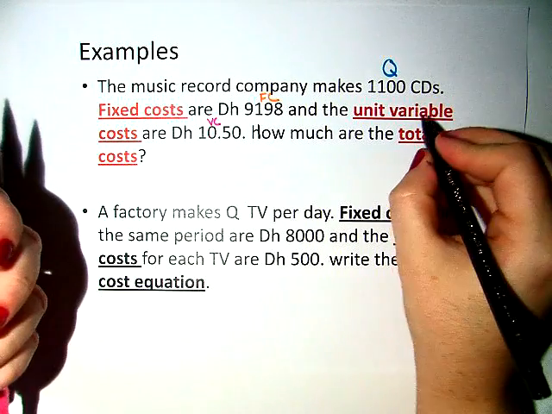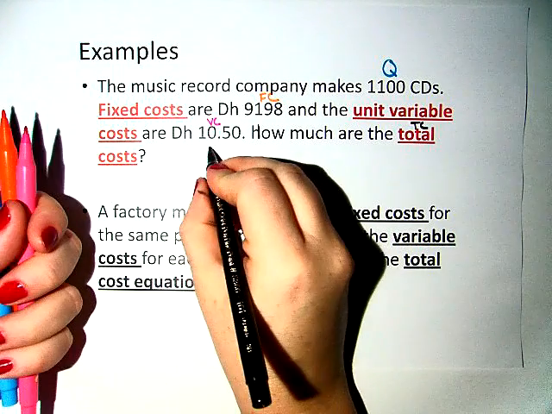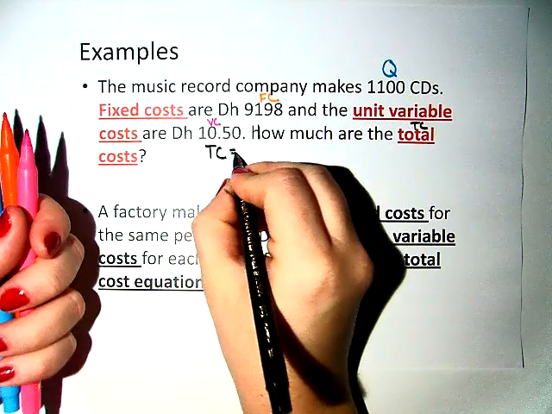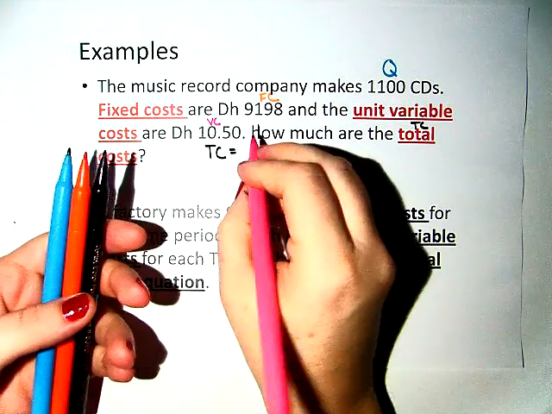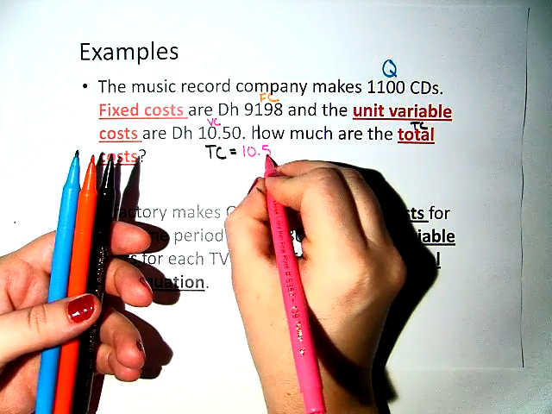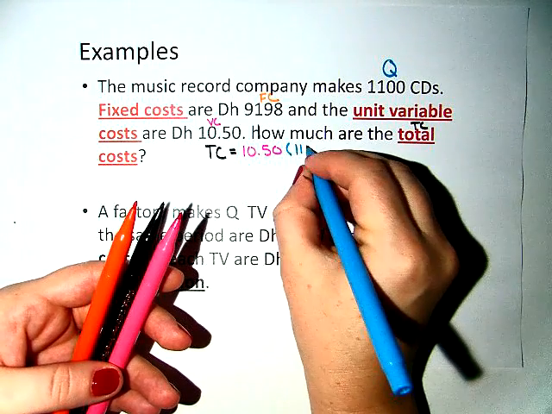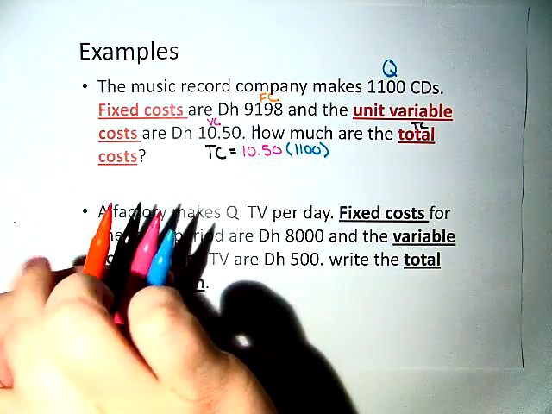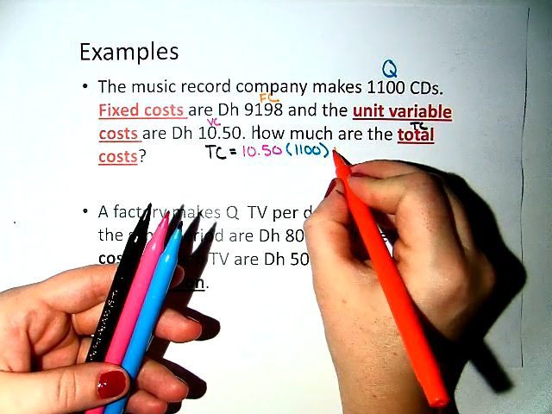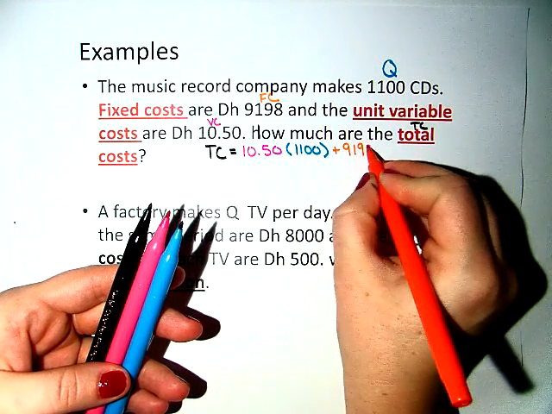So we're going to actually write this out. TC equals 1050 multiplied by my quantity plus my fixed costs.